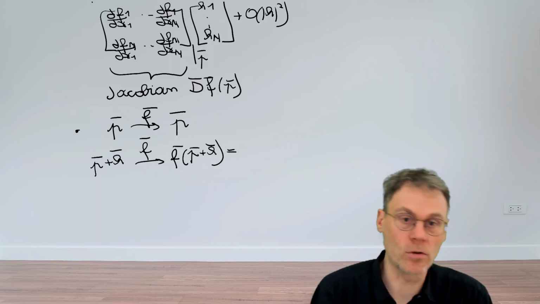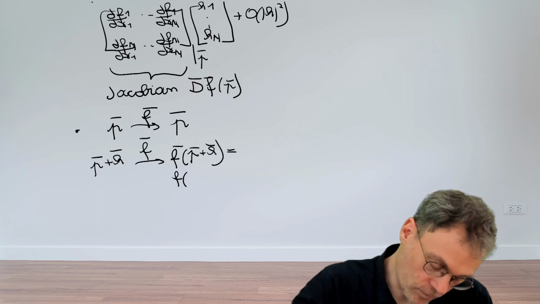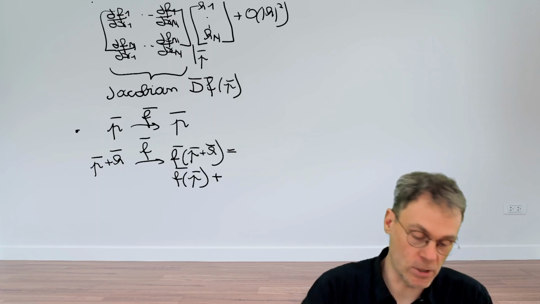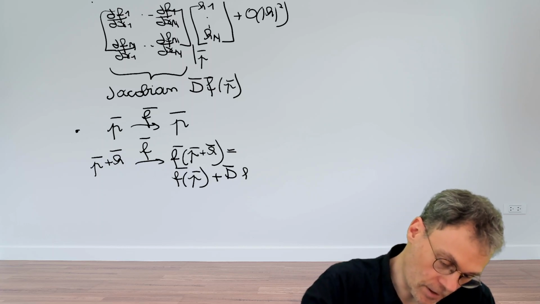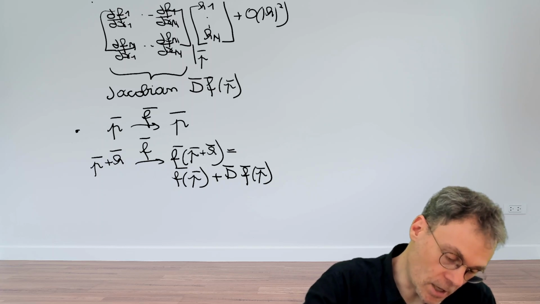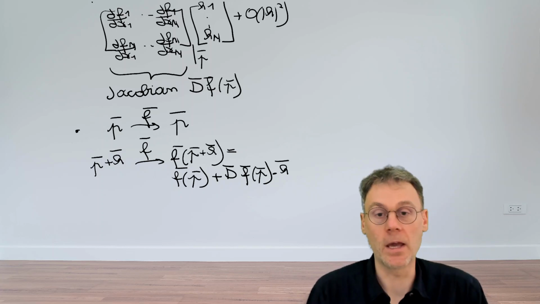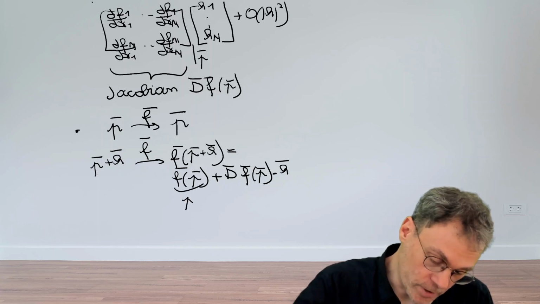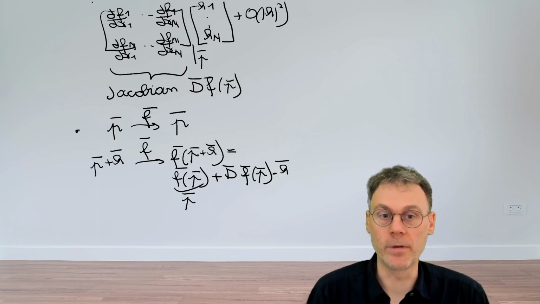But this is actually equal to f of P plus our Jacobian matrix df_P times this distance vector h. Since we have a fixed point, of course, f of P is equal to P.